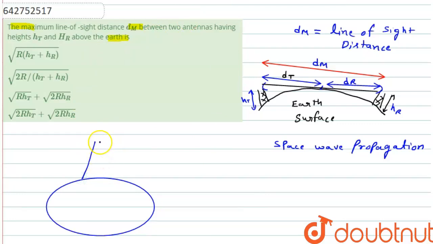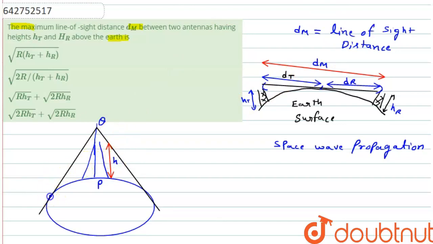Suppose this point is P and this is Q. The signal will go from this point Q to the surface like this, and similarly from the other side, and we have taken the height of this antenna as h.